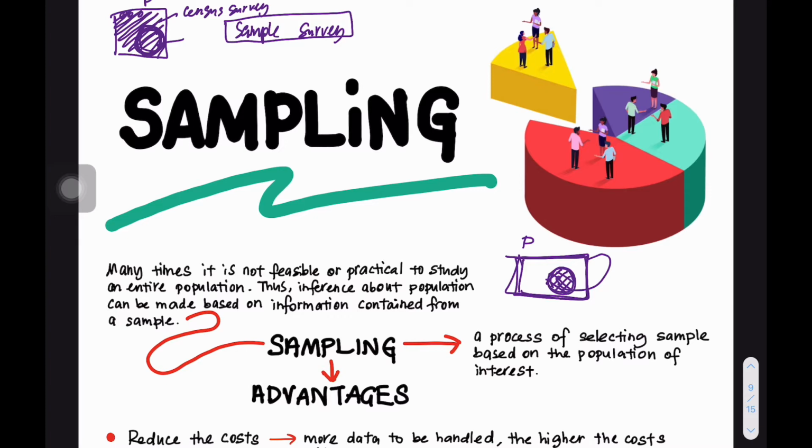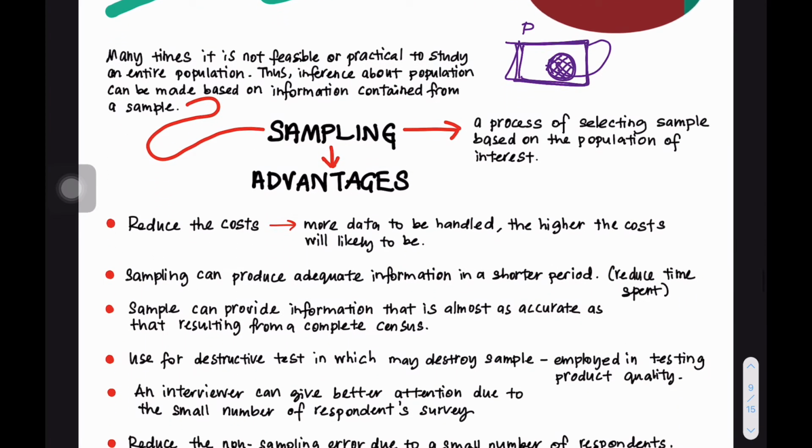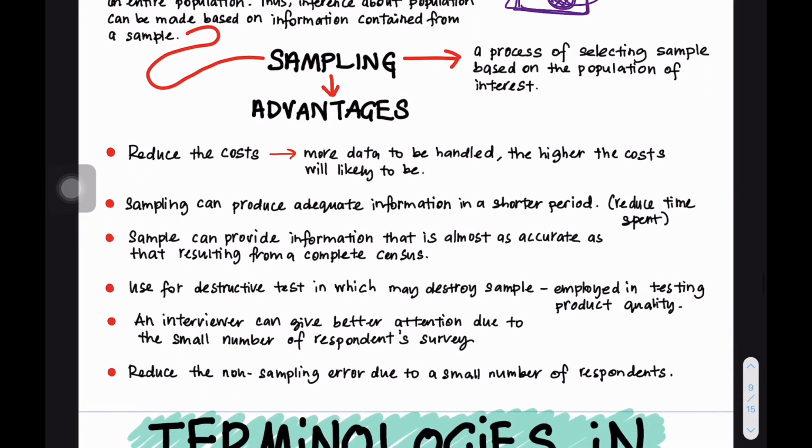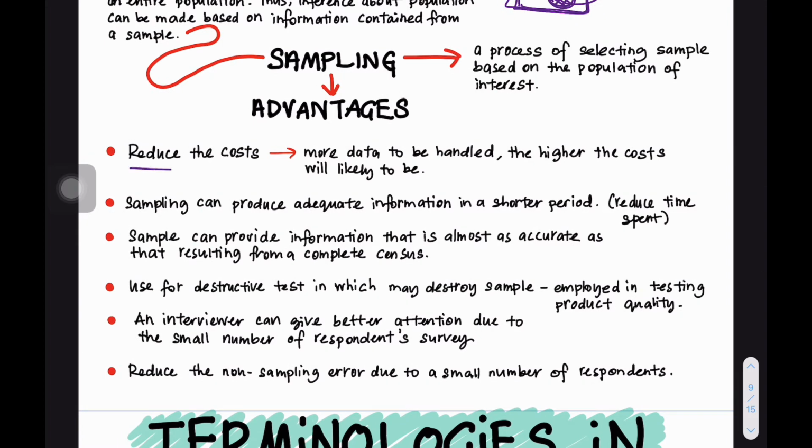So sampling ni dia ada advantages dia. So what is the advantages of sampling? The first one is reduce in cost. Okay, why is reduce in cost? Because more data to be handled will cost us higher value of cost. Okay, so of course kalau kita ada banyak data, kita nak proses data yang banyak, dia akan melibatkan kos yang tinggi.